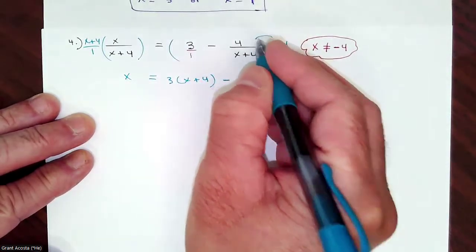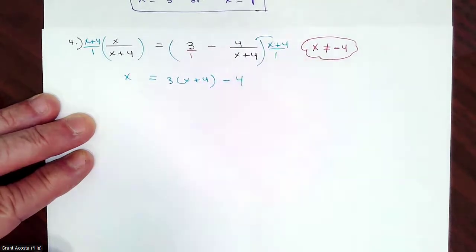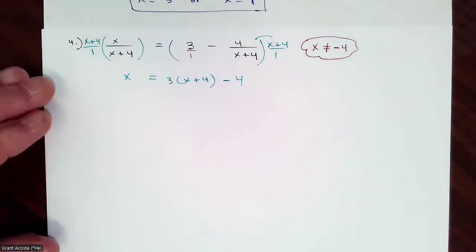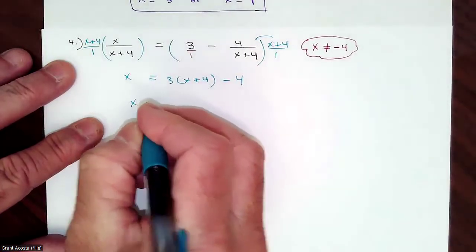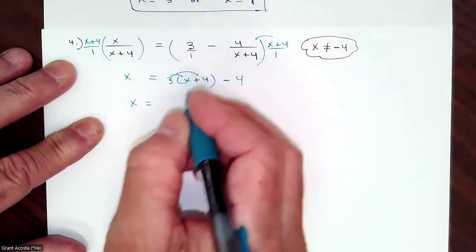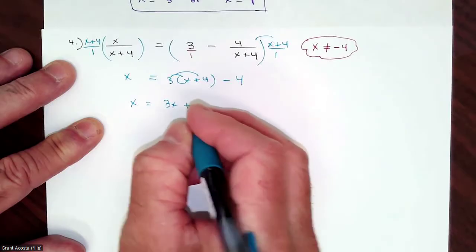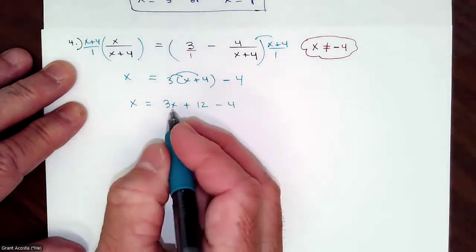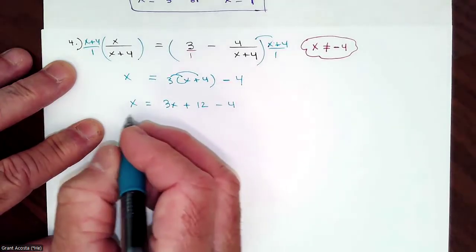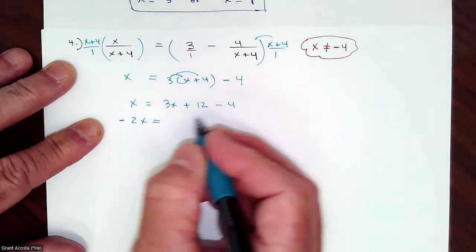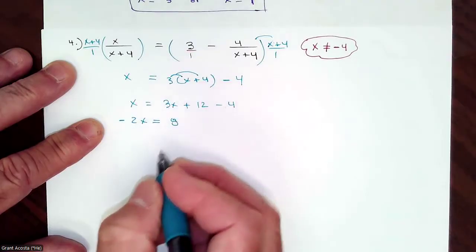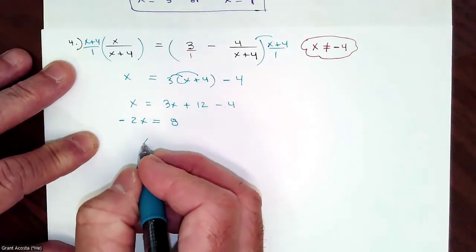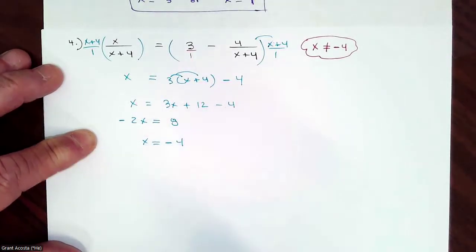And then for this term here, the x plus 4s will cancel, so that'll be minus 4. Distribute the 3. If I subtract 3x over here, I'm going to have negative 2x. 12 minus 4 is equal to 8. Divide by negative 2, x is equal to negative 4.